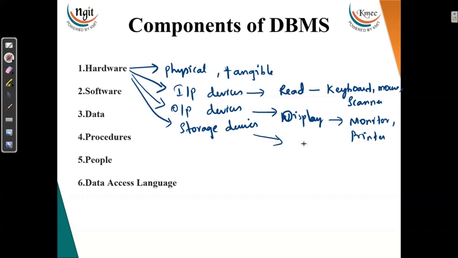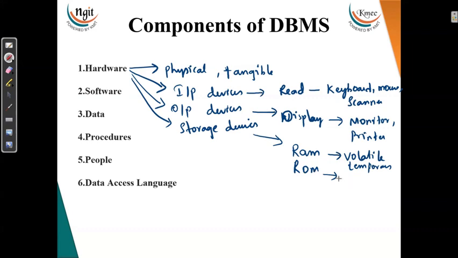Third are storage devices, which are used for the purpose of storing the data in memory. They are RAM, ROM. RAM is volatile in nature. As soon as you turn off the system, all the data is flushed out from the memory. So, it is a temporary storage.